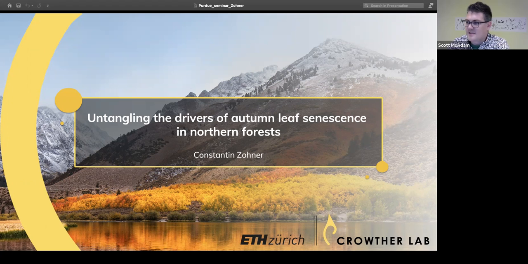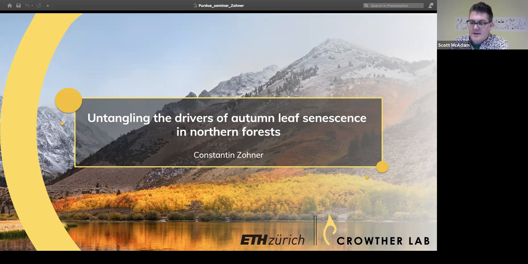He's a lead scientist in the Crowther Lab, which focuses on global plant responses to climate change, and specifically his work is focusing on phenology and the effect of climate change on phenology.